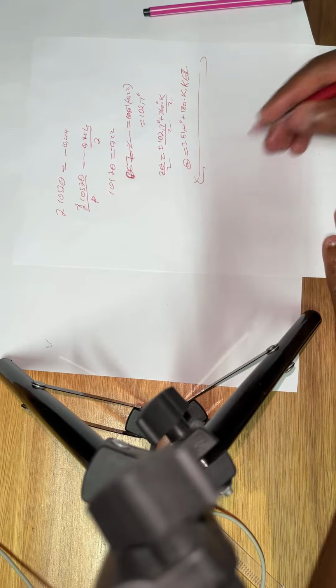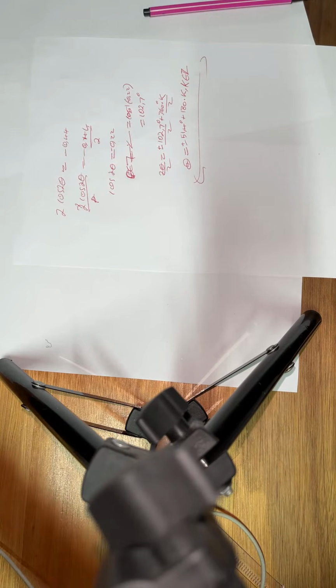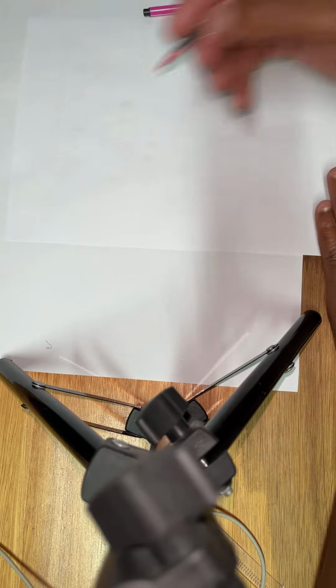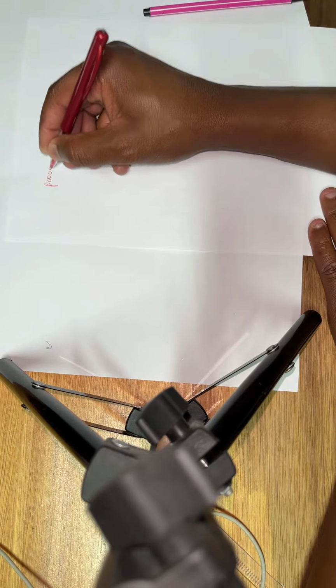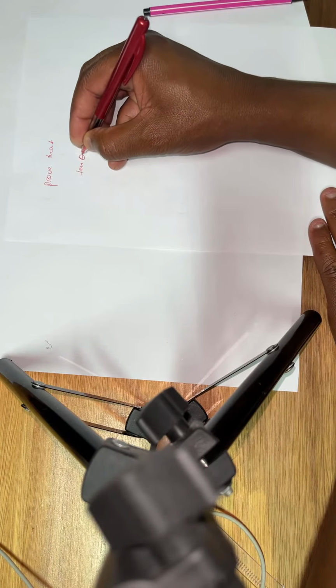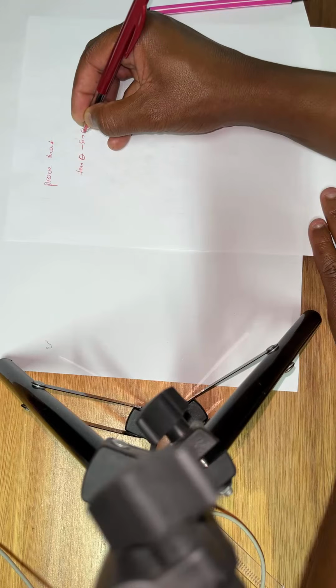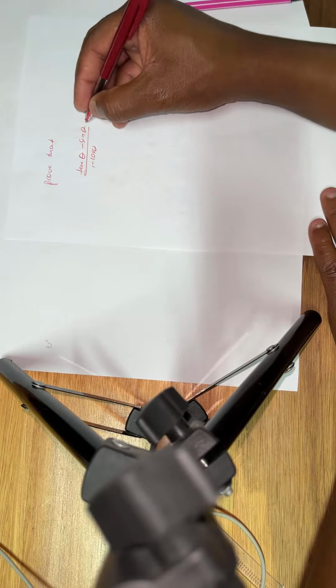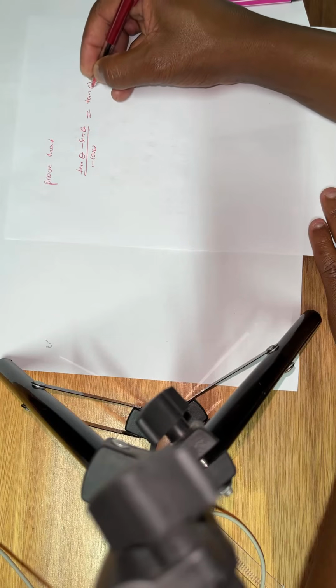We're done with this one. And then we move to the next question, whereby they are saying you need to prove that tan of theta minus sine of theta divided by 1 minus cos of theta equals tan of theta, right?